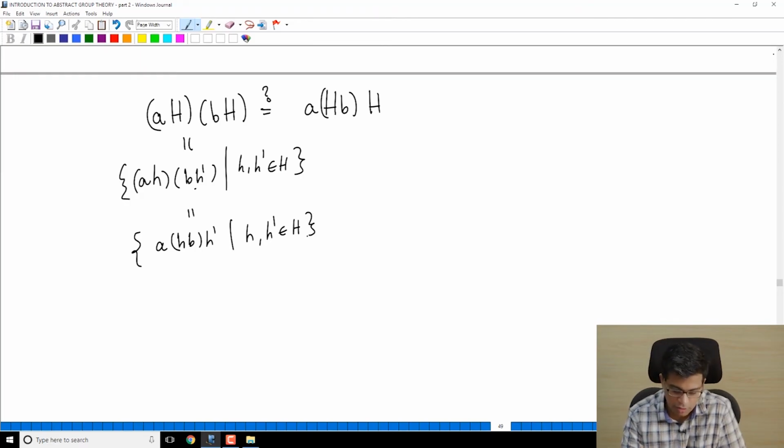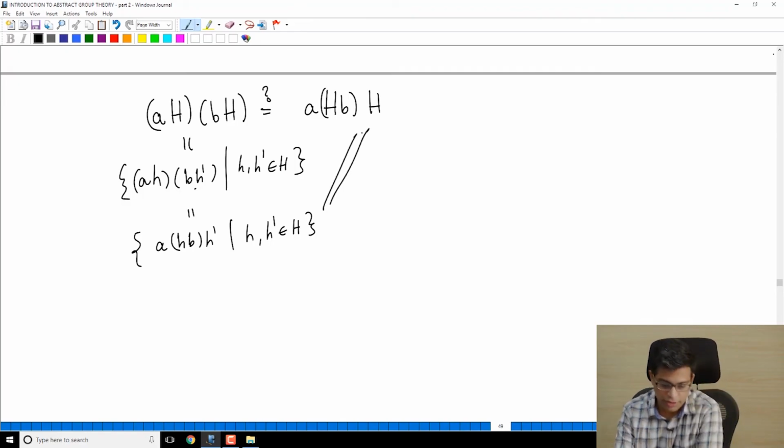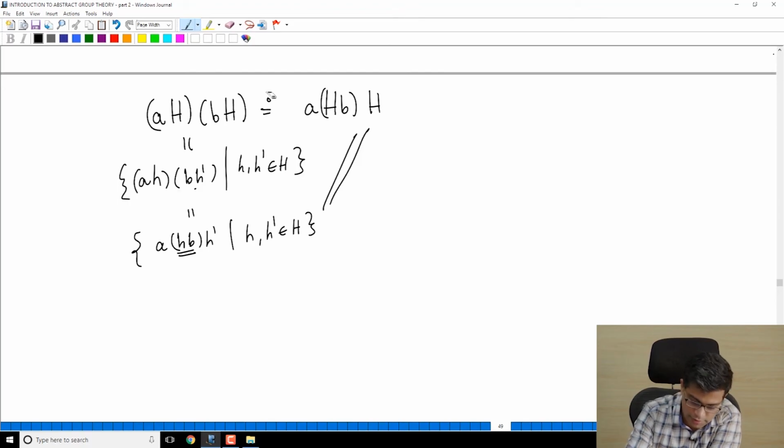Then I have a h b h prime, but I put the bracket around hb. But this is precisely this, because capital HB is all elements small hb. So these two are equal.